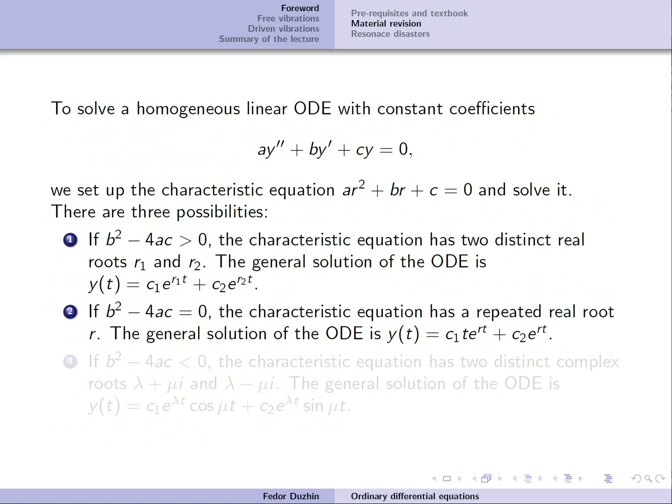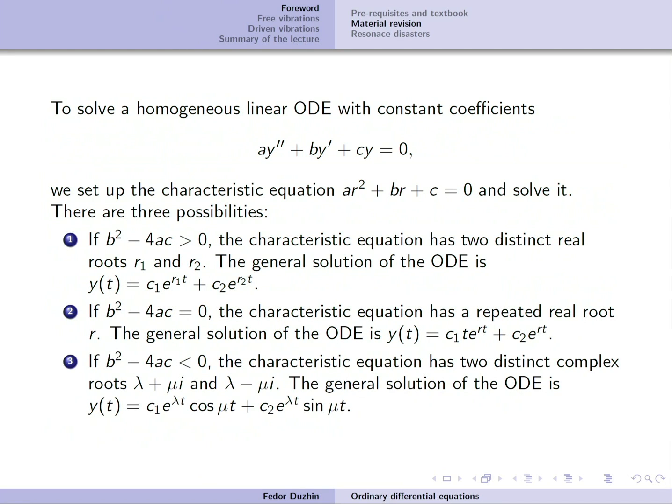If the discriminant is 0, then there is only one root, a real root, and it is a repeated one, so we have a different solution pattern. And in the third case, when the discriminant is negative, we have a completely different case, and the solution is going to have cosine and sine.